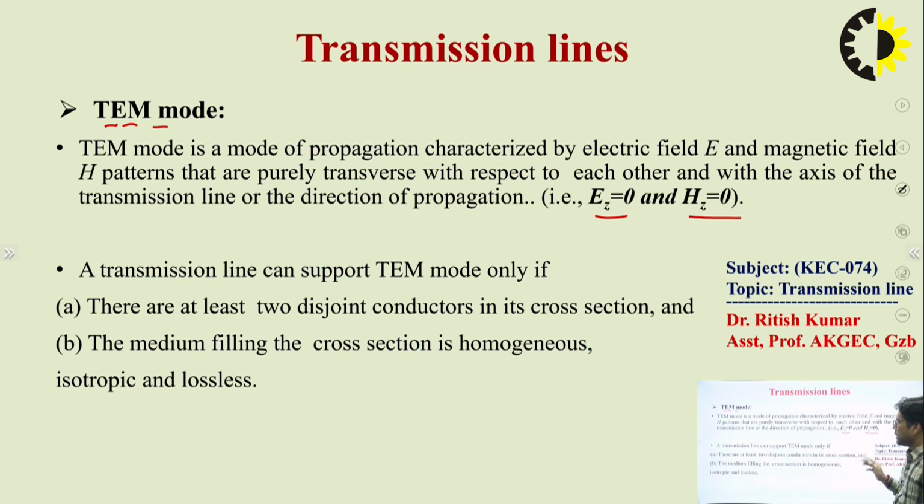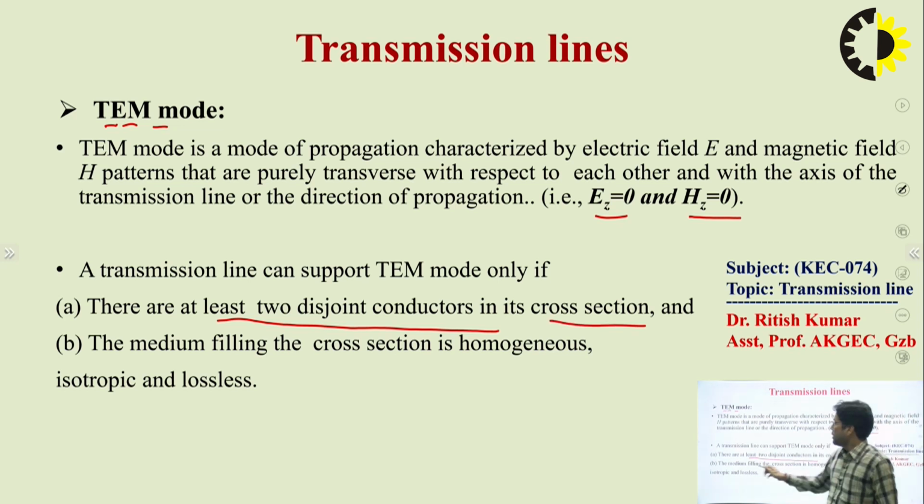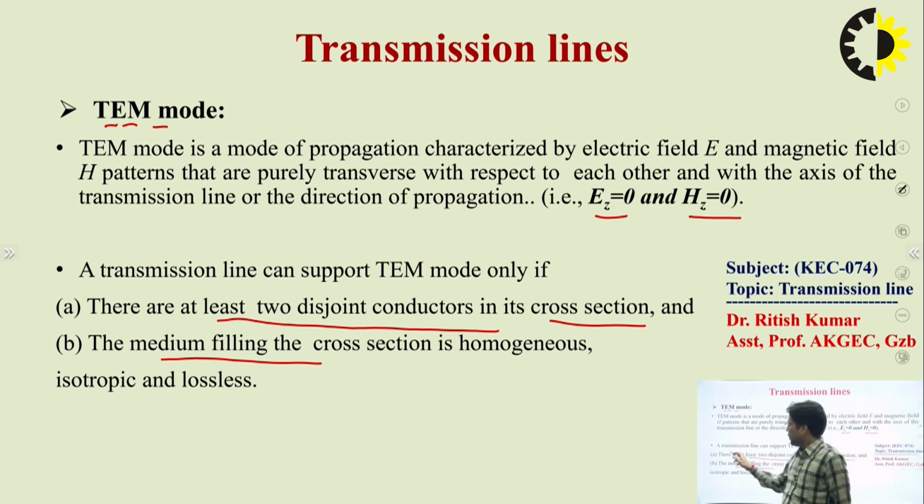To have this kind of mode, there are certain conditions which need to be verified. The first one is that there are at least two disjoint conductors in its cross-sectional area, while the second one is the medium filling the cross section is homogeneous, isotropic, and lossless. These two conditions we can have in the case of the coaxial transmission line.